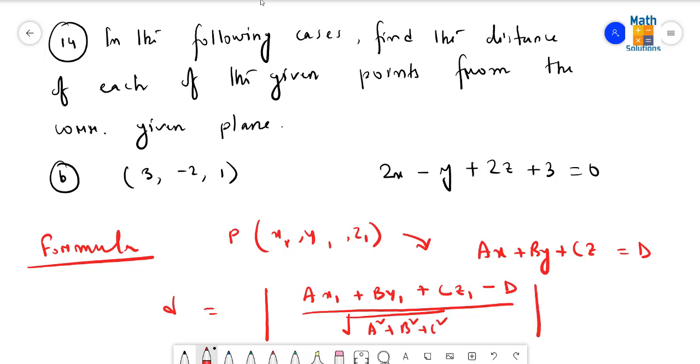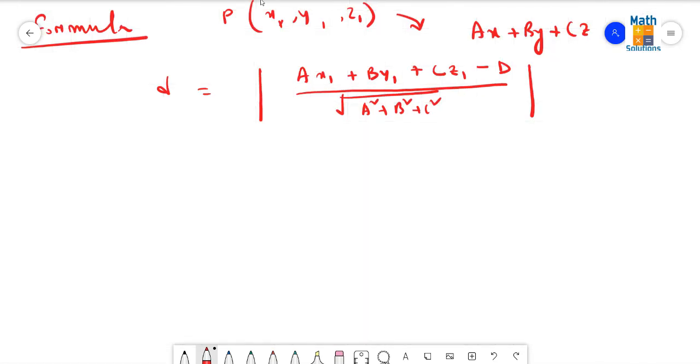This is the way we can calculate it. The value of the point should be substituted here.